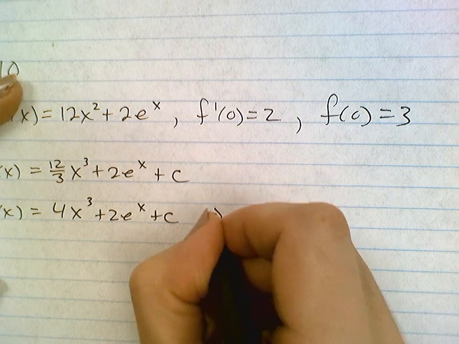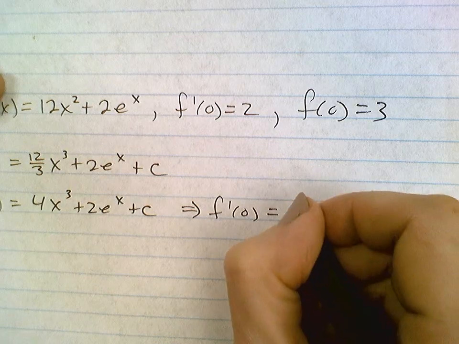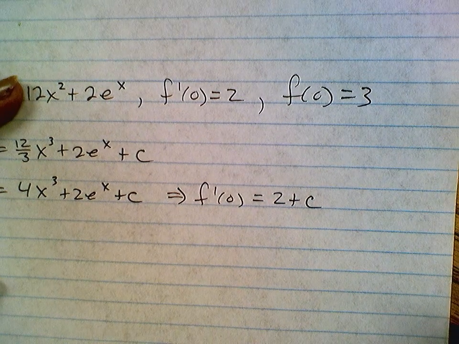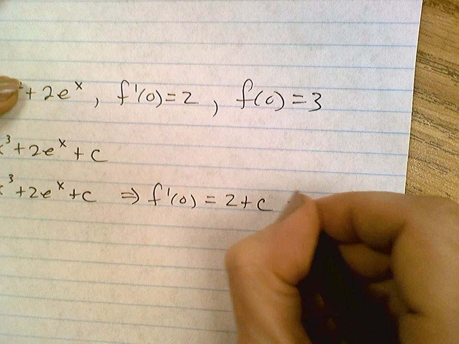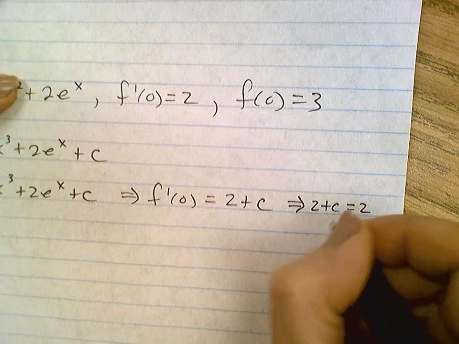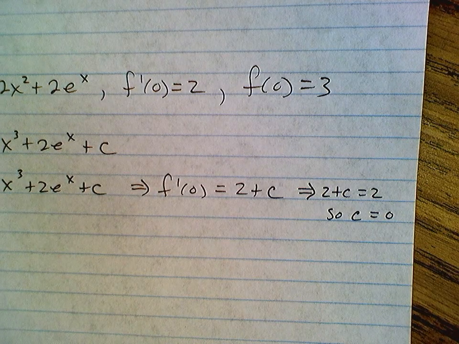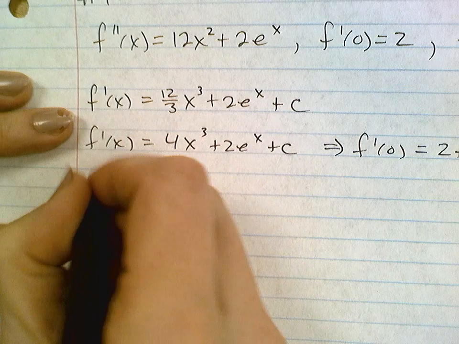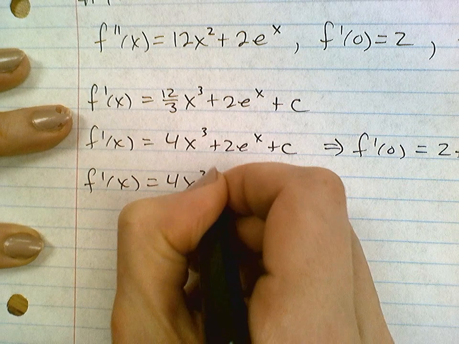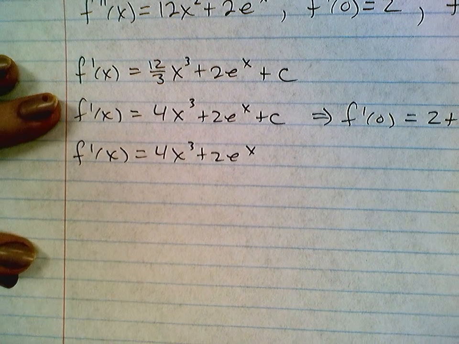So f prime of 0 equals 2 plus c, and 2 plus c equals 2. So c equals 0. So we know that f prime of x is 4x to the third plus 2e to the x. Now I've got to go backwards again.